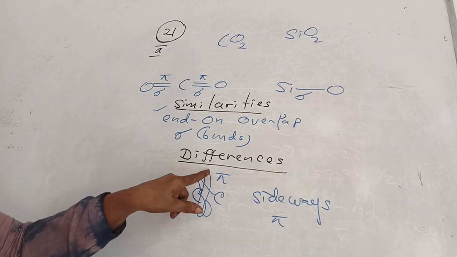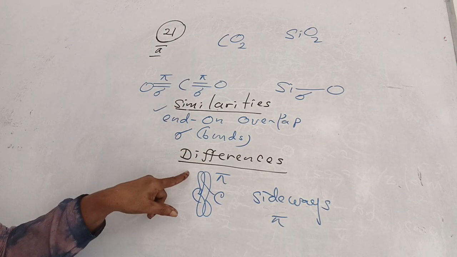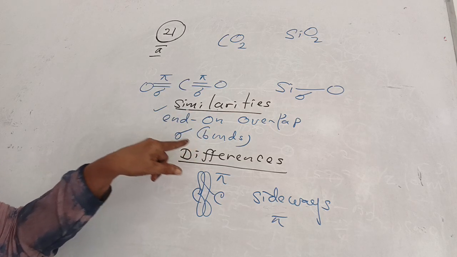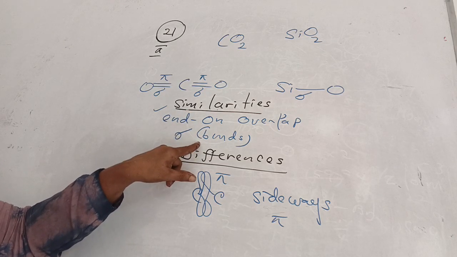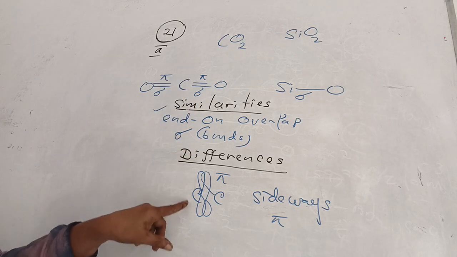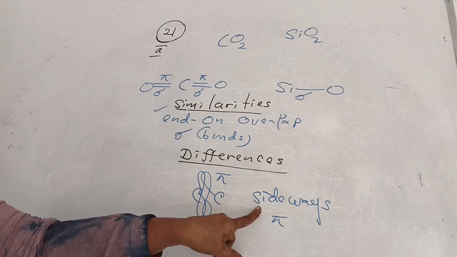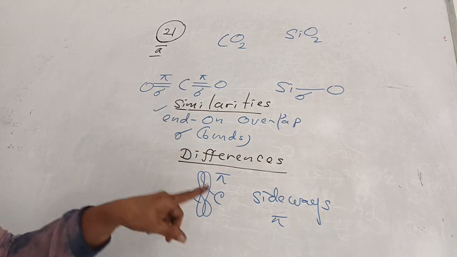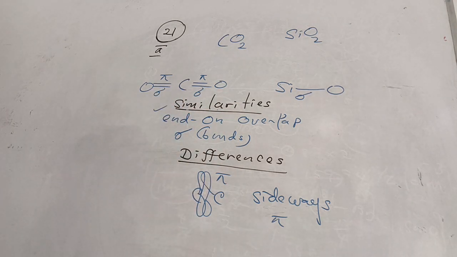I hope this is clear about the similarities and differences in terms of orbital overlap. End-on overlap with sigma bonds is present in both, so it's a similarity. The difference is the sideways overlap of p orbitals only in carbon dioxide, which is a pi covalent bond.